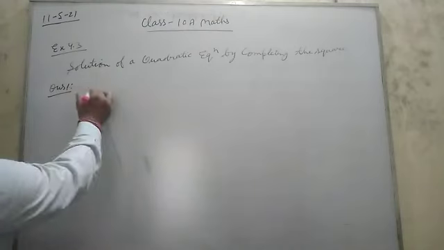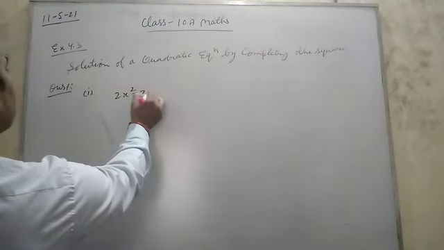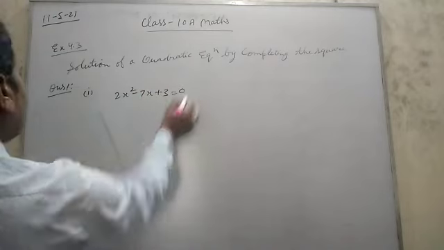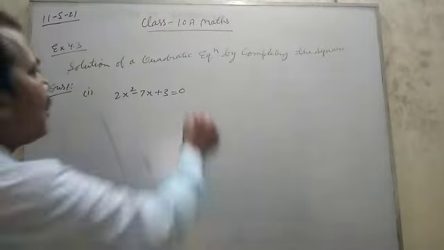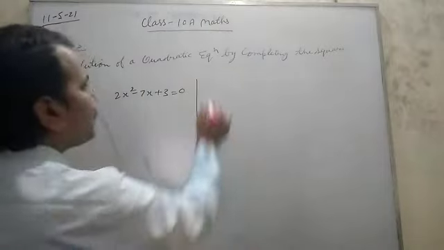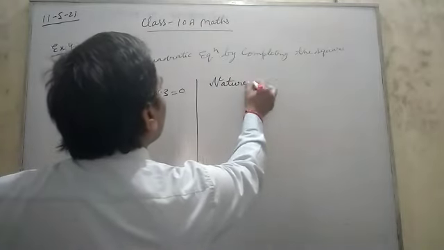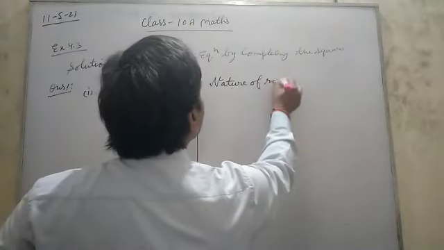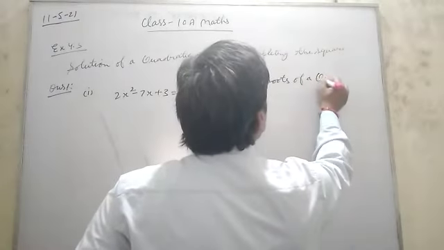So first one, 2x square minus 7x plus 3 equal to 0. Okay. And before the completing the square method, first we will discuss nature of roots. Nature of roots of a quadratic equation.